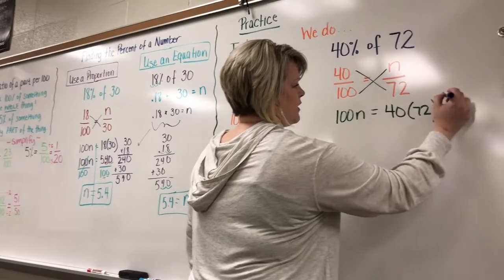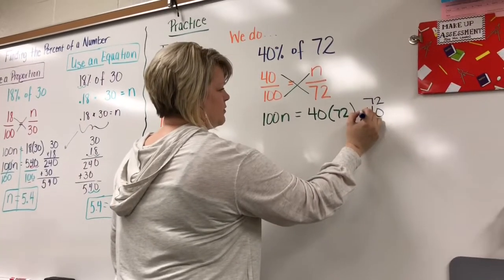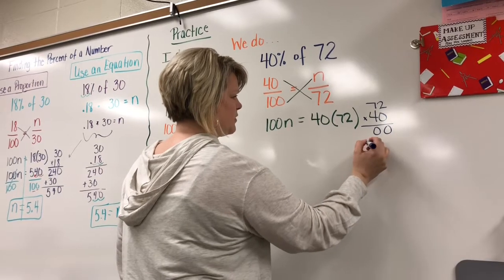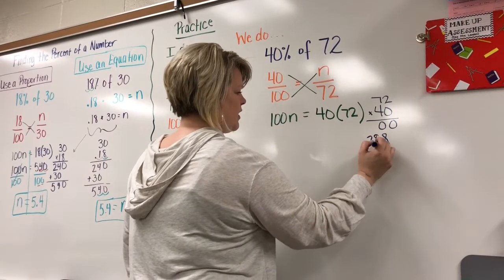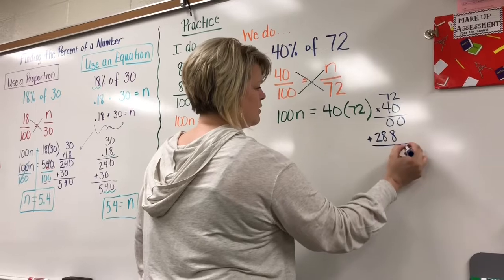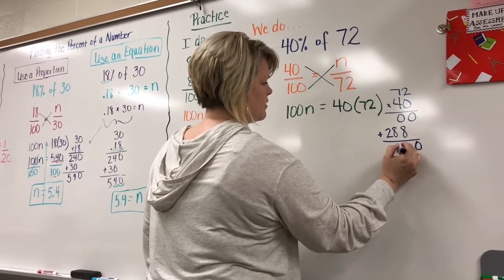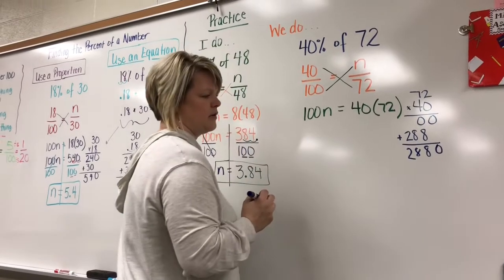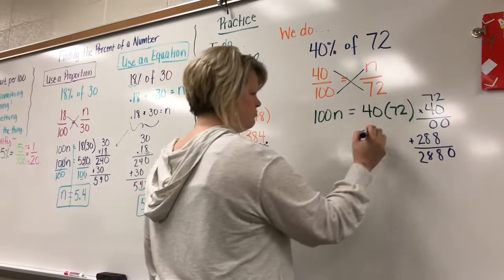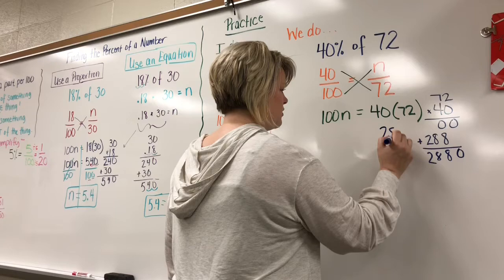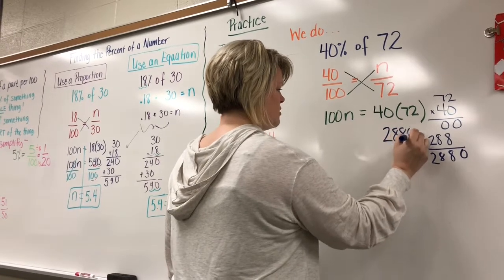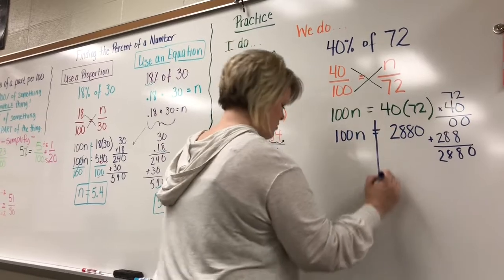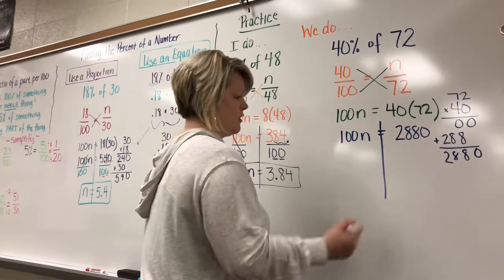So 40 times 72 is 2,880. Looks good. Draw my side here.